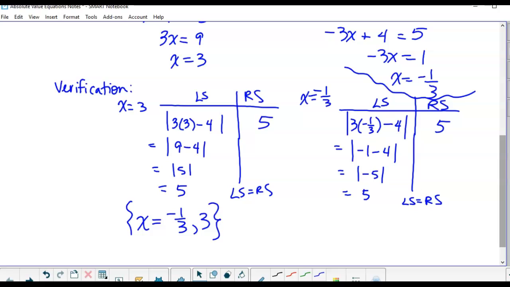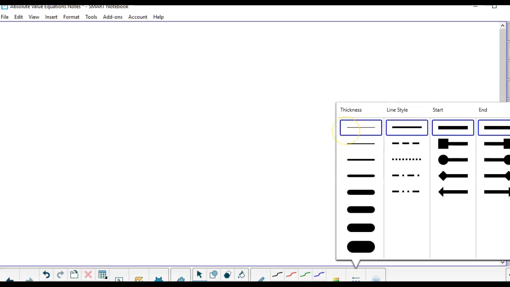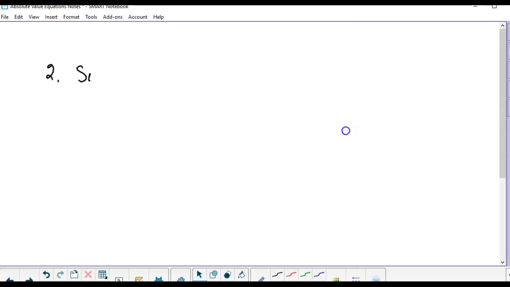Now, sometimes it's not just going to be as simple as an absolute value with x in it equals a constant. Sometimes it will be other variables, right? So let's see, number 2.